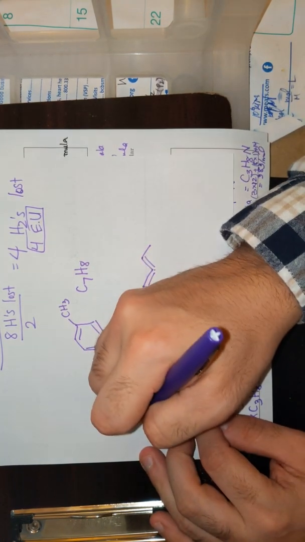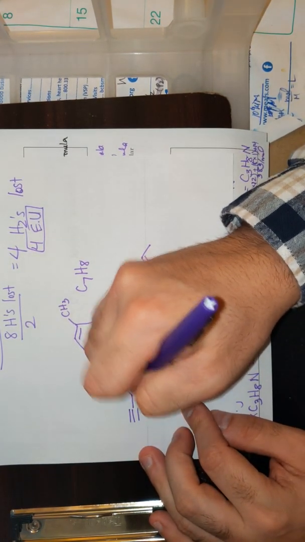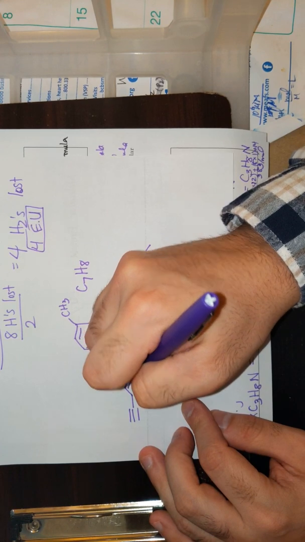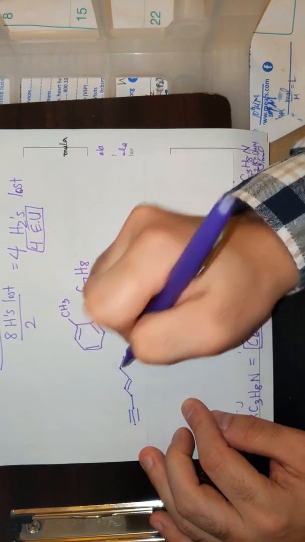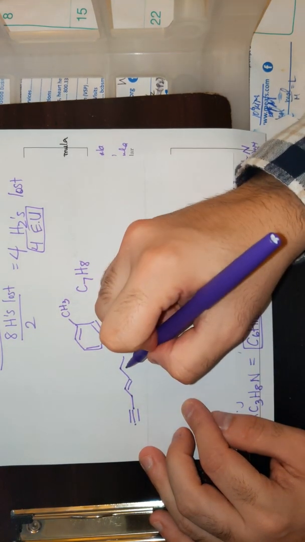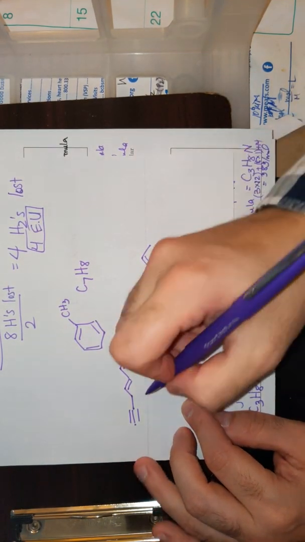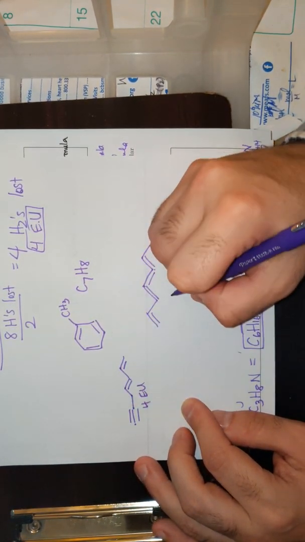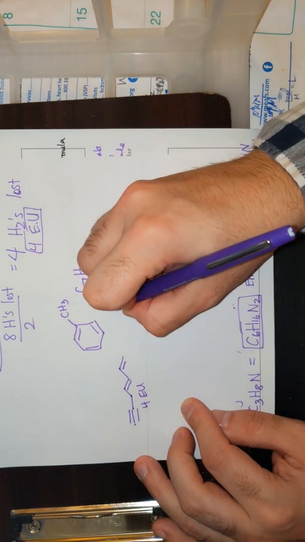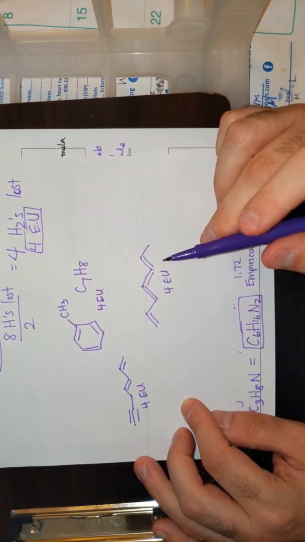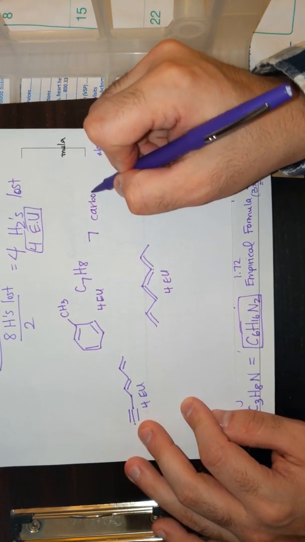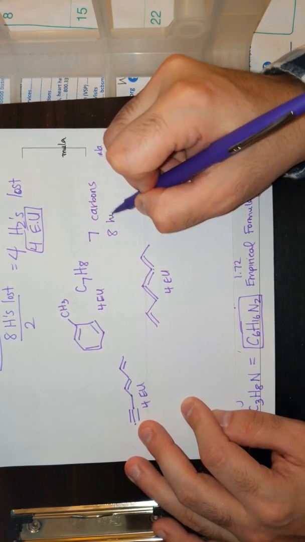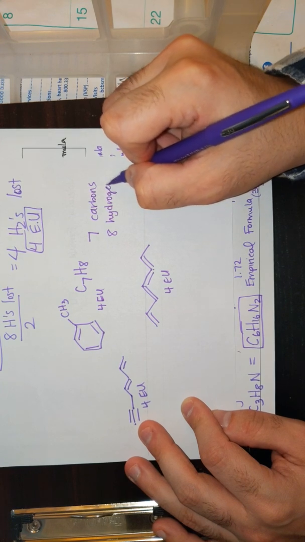I also saw this today in class. 1, 2, 3, 4, 5, 6, 7. And this is 2 double bonds and a triple bond. This is 4 EU. This is 4 EU. And this is also 4 EU. And prove to yourself that these all have 7 carbons and 8 hydrogens, because they do.